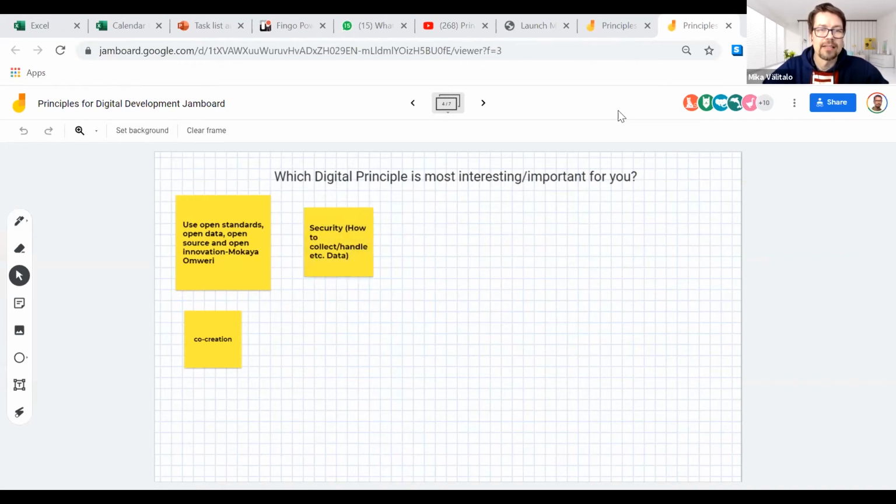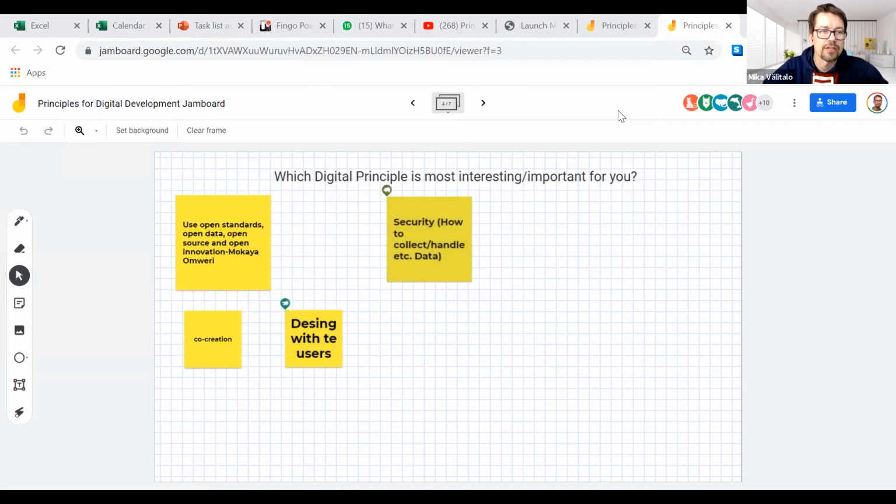And we can already see some. There's one called co-creations. I'm wondering which principle does it refer to? Is it about collaboration, or designing with the user, or something else?